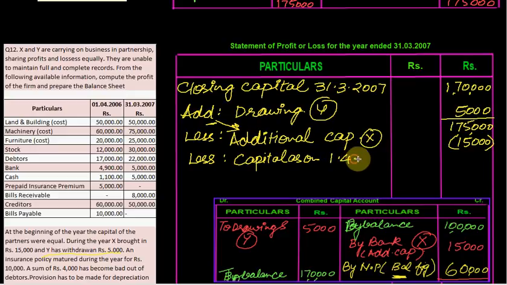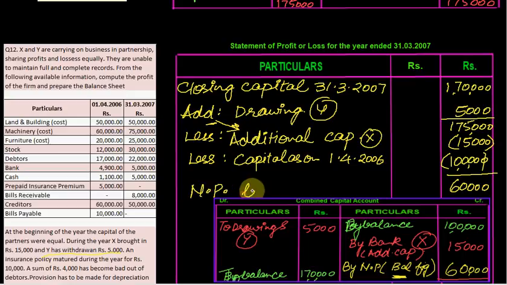That is opening capital that we had found out in making statement of affairs, which comes to 1 lakh. ठीक है, लेस करो इसको. And what you get is net profit before adjustment. 60,000 is your net profit before adjustment.